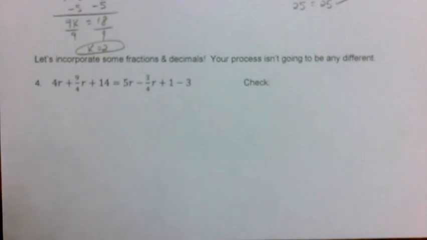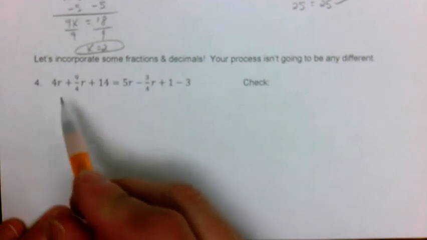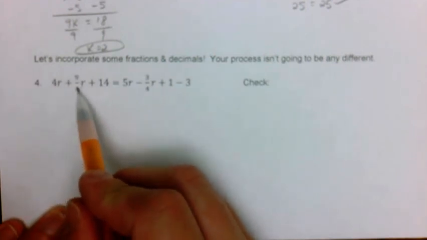In number 4, it says that 4r plus 9/4 r plus 14 equals 5r minus 3/4 r plus 1 minus 3. The first thing I need to do on each side is simplify. So I'm going to combine any similar terms. Looking at the left side, I see 4r plus 9/4 r.